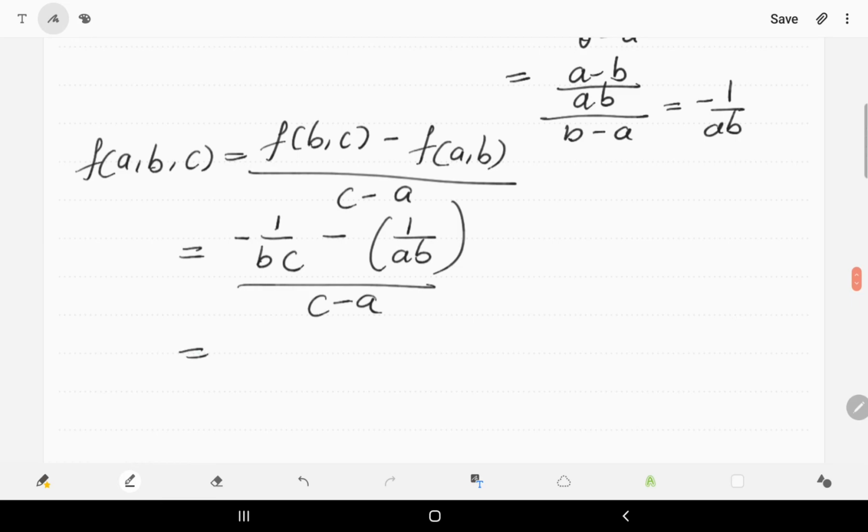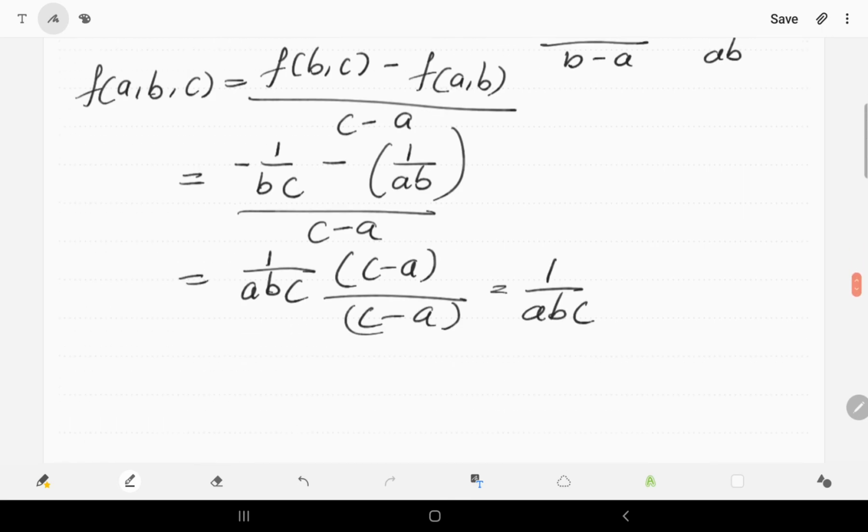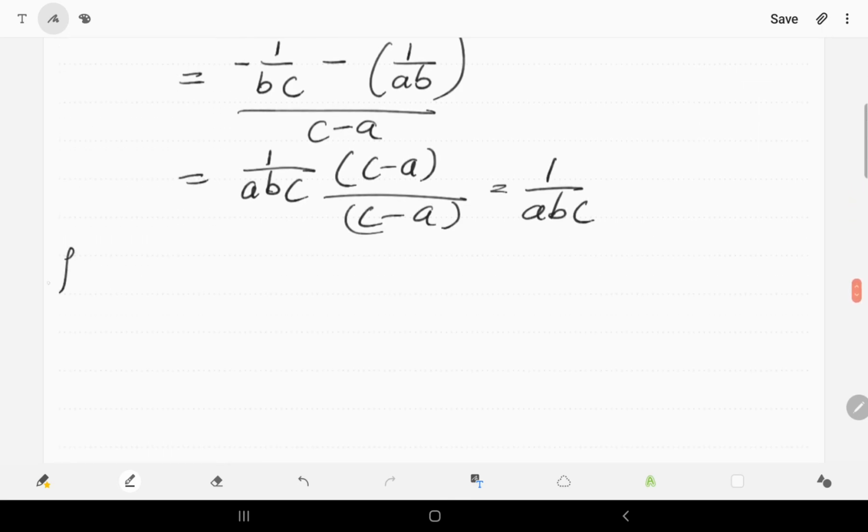So that is equal to 1 divided by abc of c minus a divided by c minus a, that is equal to 1 divided by abc.